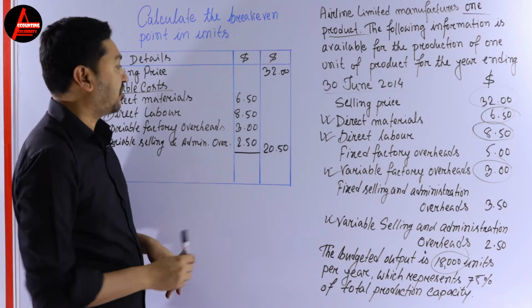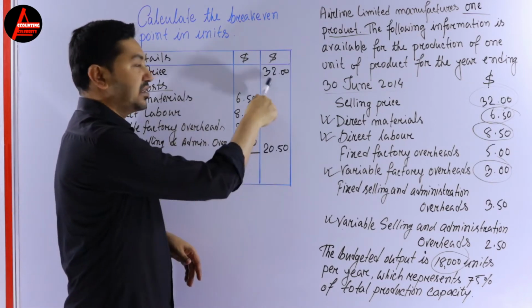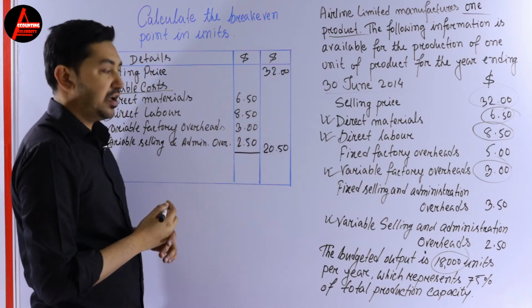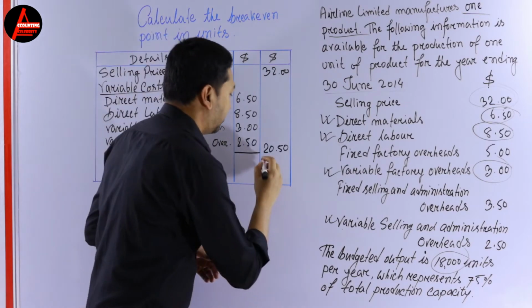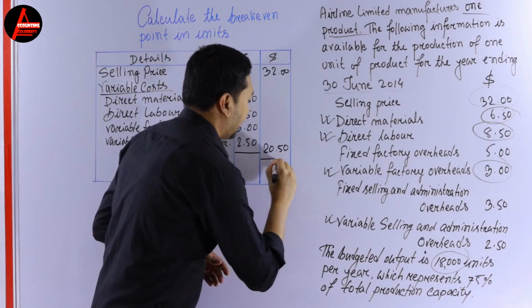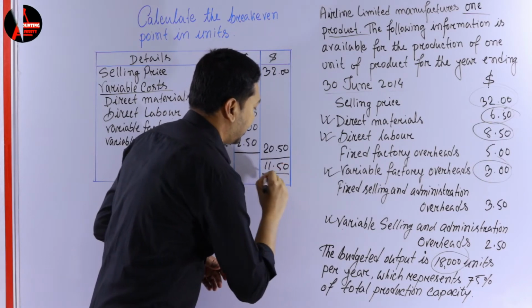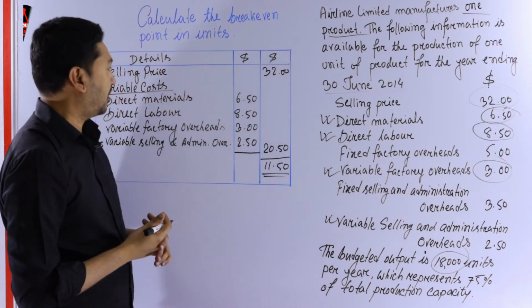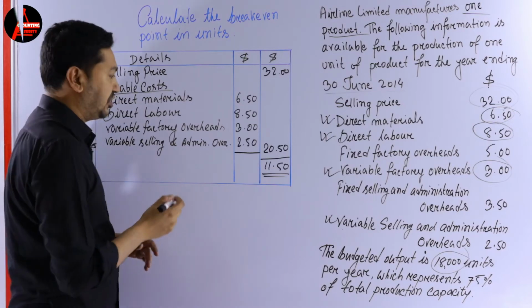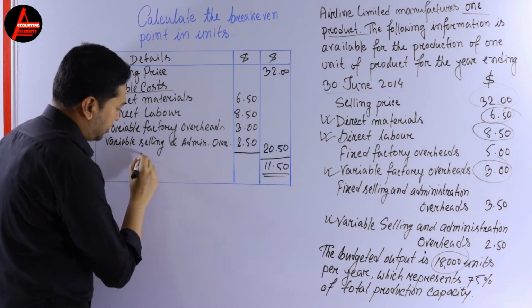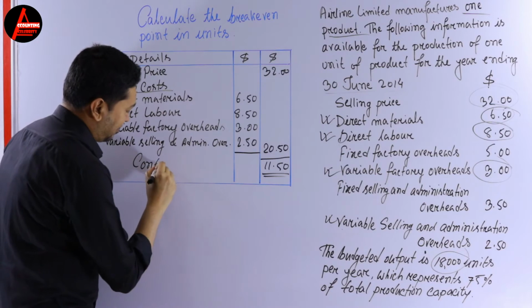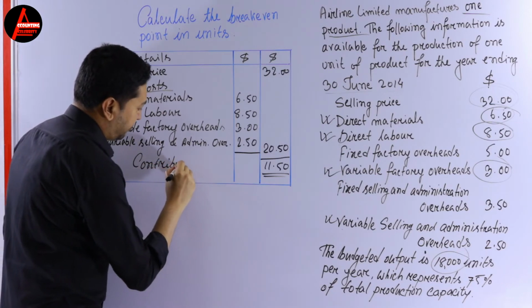Now let us subtract this $20.50 from the selling price. If we subtract here, we get $11.50. This is our contribution. So let us write here contribution.